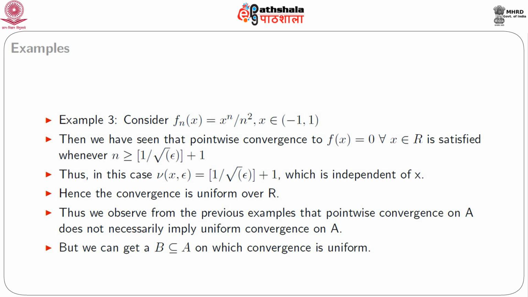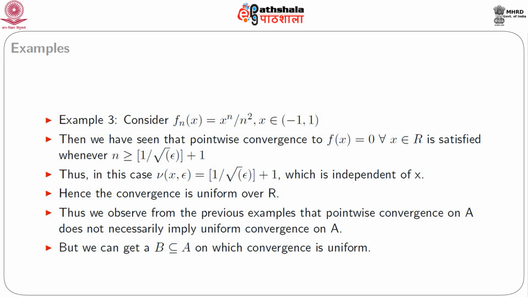So in this case it is very clear that we automatically get a choice of ν_x(ε) which is independent of x, and hence the convergence is uniform over the open interval (−1, +1).